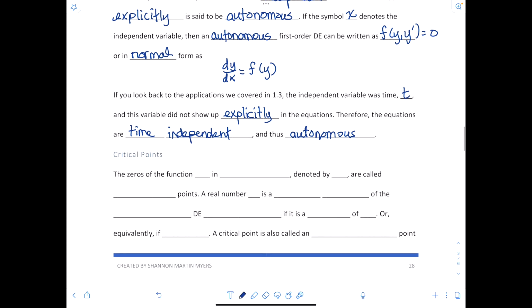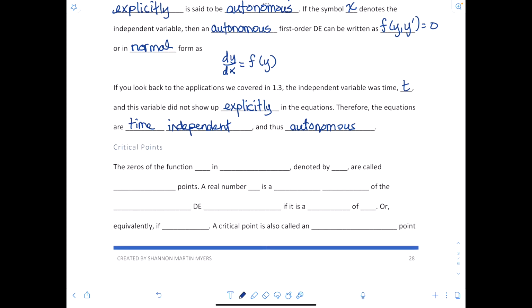Okay, critical points. The zeros of the function f in dy/dx equal to f of y, denoted by c, are called critical points.